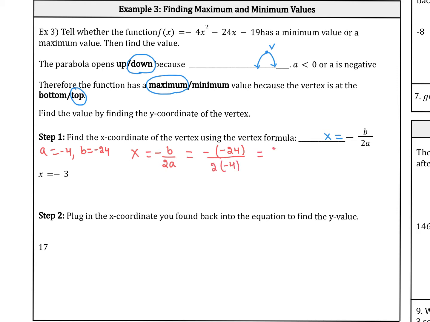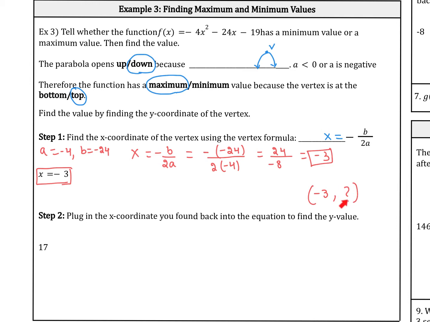And you get 24 divided by negative 8, and that's going to be negative 3. So the x value of the vertex is negative 3. And you're going to find out what the y value is. That's why I used a question mark here, because you're going to find out what this value is.